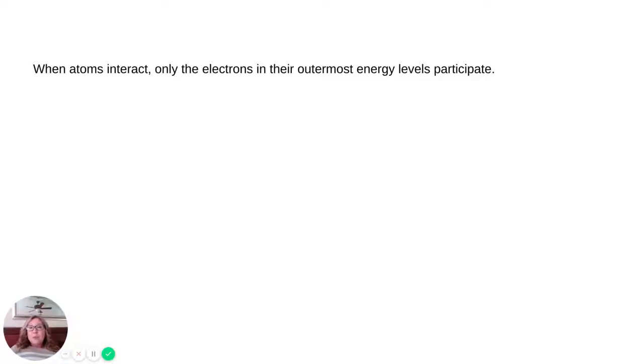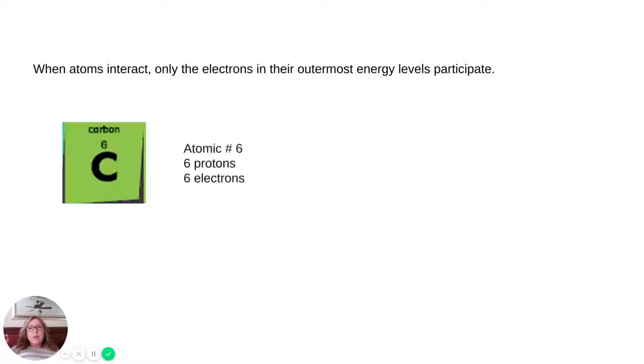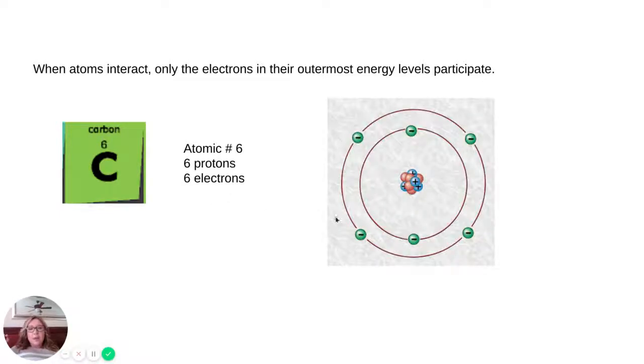When atoms interact, it turns out that atoms are mainly empty space. And when atoms interact, only the electrons in their outermost energy level are able to interact with other elements. Those are the only ones that come near other elements. So let's go back to that carbon. Carbon has 6 protons, 6 electrons. We saw our picture. 2 of those electrons are in the center.